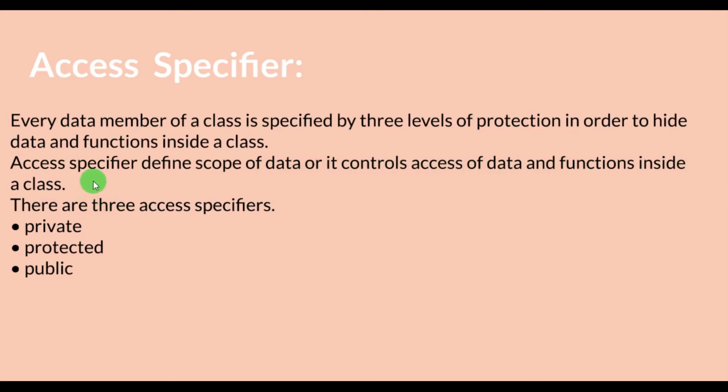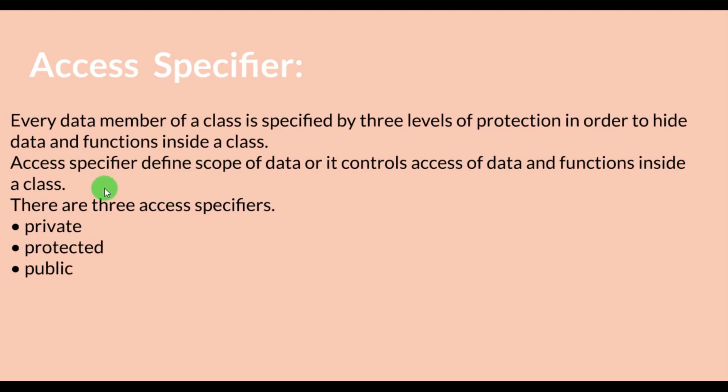So this is what an access specifier is: it controls the access of the data and member function inside the class. If it is public, you can use it anywhere in the program. If it is private, it has to be used within the set of rules we are going to follow. If it is protected data members and member function, we can use it only in a particular block of the program. That is what an access specifier is.